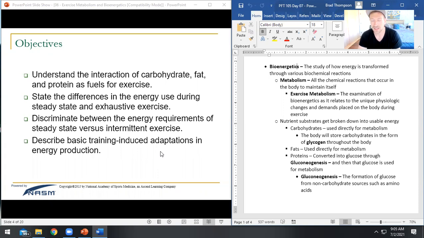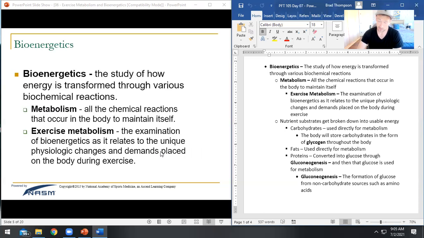That's kind of the same thing as looking at which one is determined by the energy system, and then we want to look at the basic training adaptations when it comes to energy production. So when your body gets better at certain parts of this, what are those adaptations going to look like?